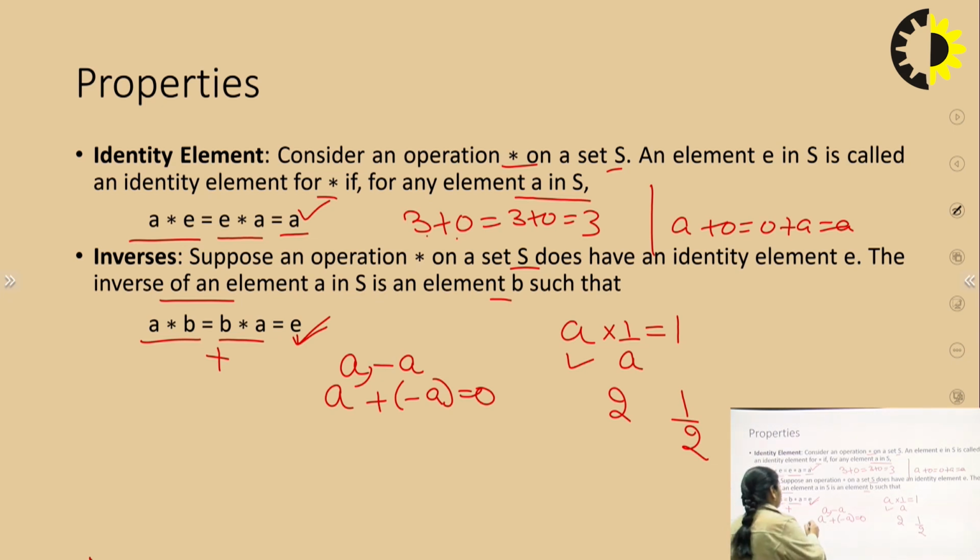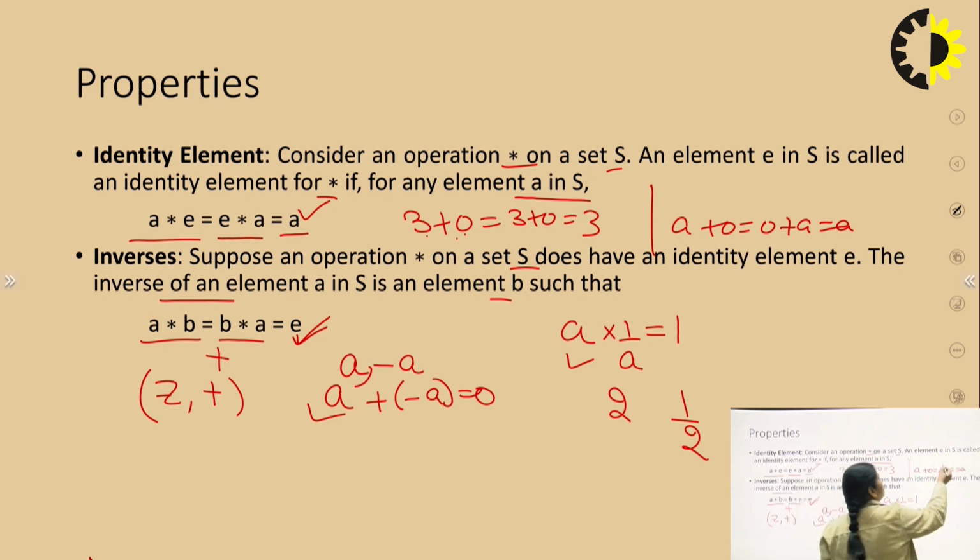So for addition, if I talk about the set of integers with addition, the additive identity was 0 and the inverse will be minus of the element. For example, if 2 is the element, minus 2 will be the inverse. If minus 2 is the element, then 2 will be the inverse. But the multiplicative identity is 1.